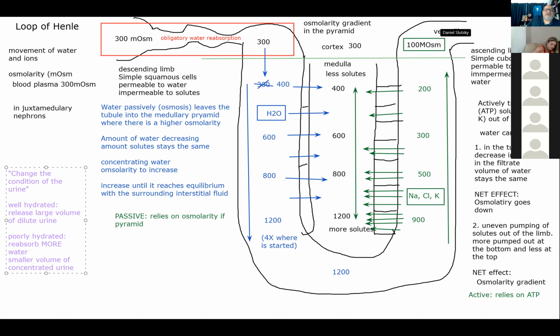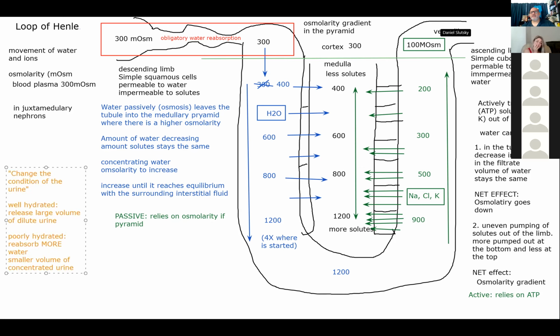So this ability to change the condition of the urine based on the condition of the body, to be able to hold on to more water or let the water go if it's not as vital, is one of the major important implications of this process. And notice this process relies on this concentration gradient that has been set up inside of our medullary pyramids.